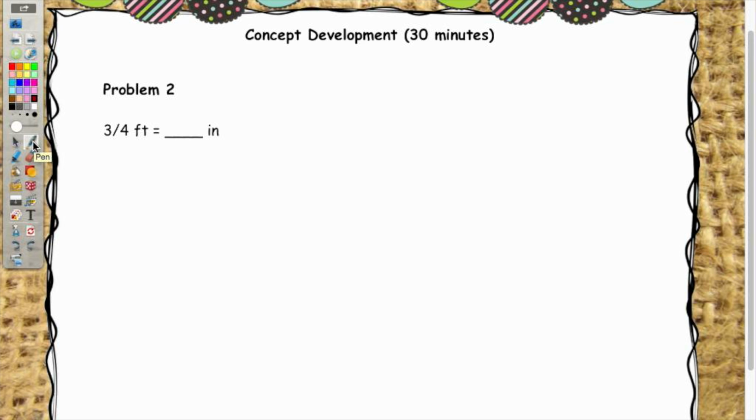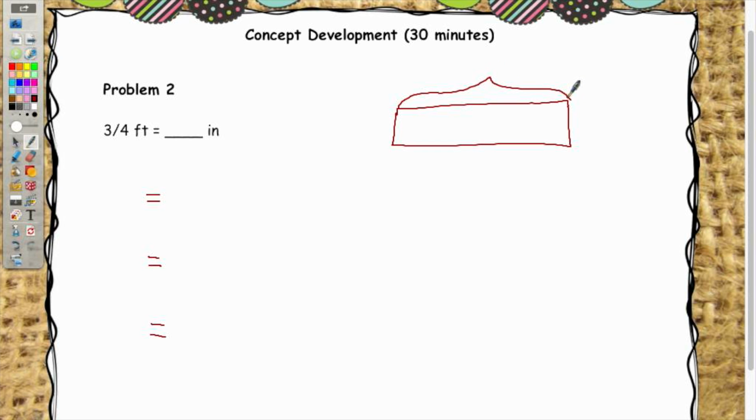When doing a problem like this, write my 3 equal signs. And you will need a tape diagram. Then I'm going to look at my units of measurement. So I have feet and inches. How many inches in a foot? 12. So that goes on top of my tape diagram. Do I have a denominator? 4.